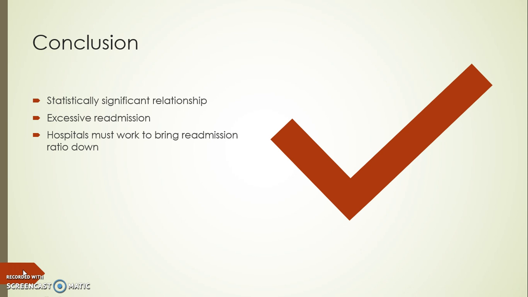Another important finding was that there is an excess of readmission because the excess readmission ratio is greater than 1.0000. This information is useful because it shows that hospitals must do some work to bring the overall excess readmission ratio down.